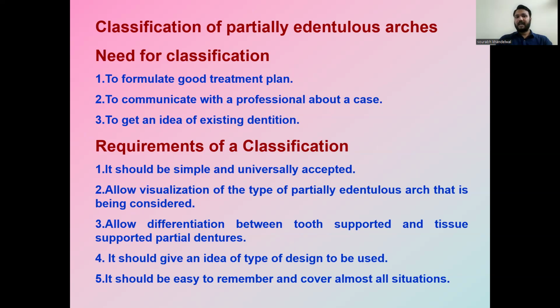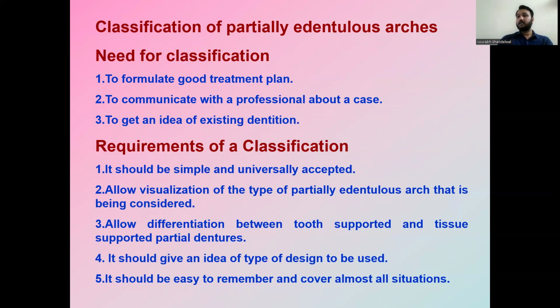So, and to get an idea of existing dentition, then the requirements of the classification, it should be simple and universally accepted. So, why universally accepted? Let's say I am a dentist who is based in India, and I want to send my work somewhere in, let's say, UK or US.